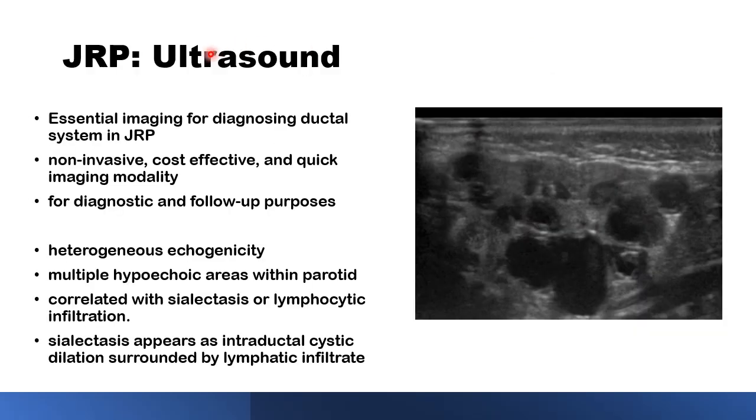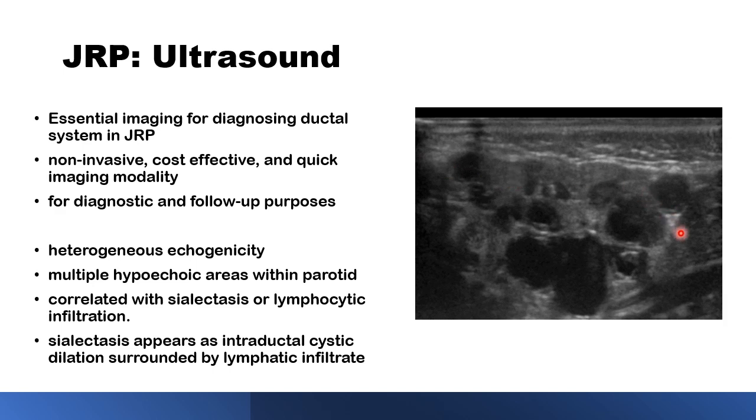To confirm the diagnosis of juvenile recurrent parotitis, ultrasound scan is essential. This is the number one imaging modality chosen in this condition because it's non-invasive, cost-effective, and a quick imaging modality. It's useful in the diagnosis and also for follow-up purposes.